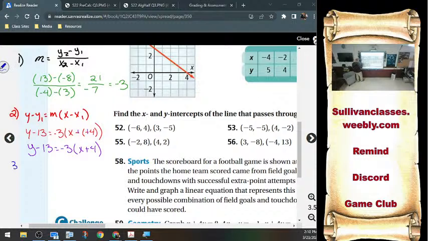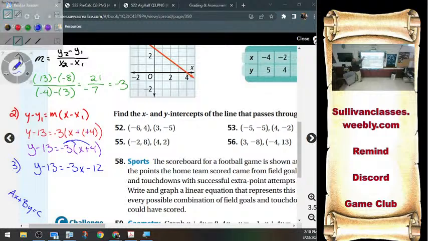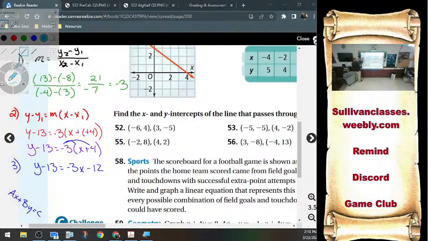Step 3, I'm going to rearrange it until it looks like ax plus by equals c. I'll distribute it. X stuff to one side. I'll add 3x over.